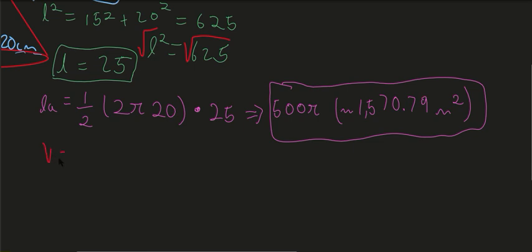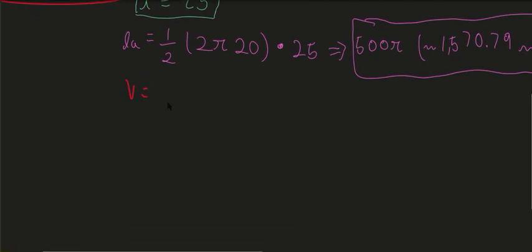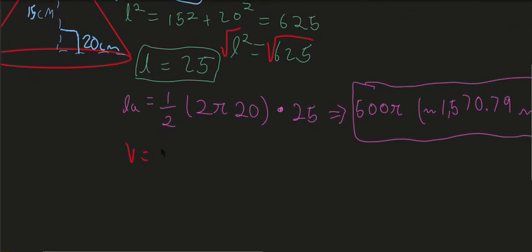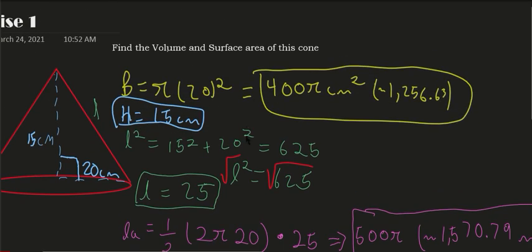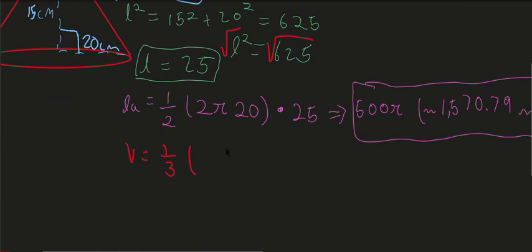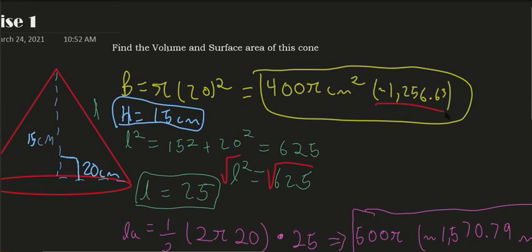Now volume for a cone is a third times the base, which is 400 pi. Or you could use this number right here if you felt like it.